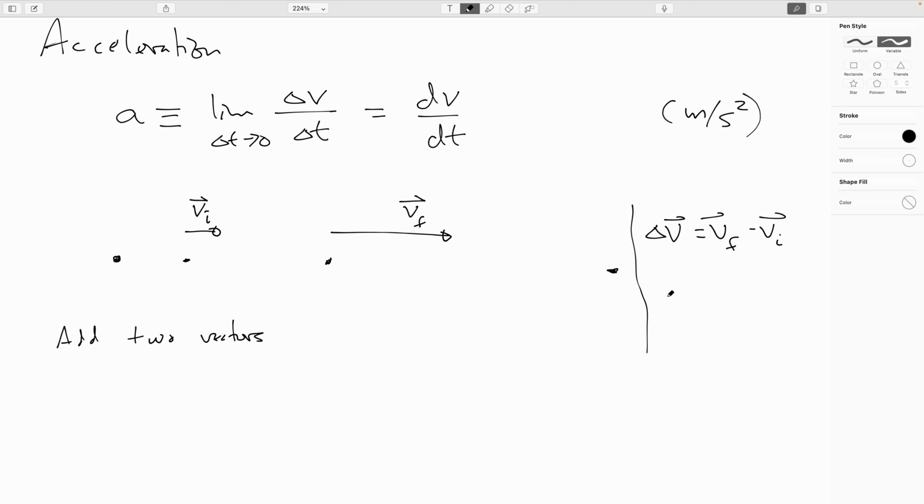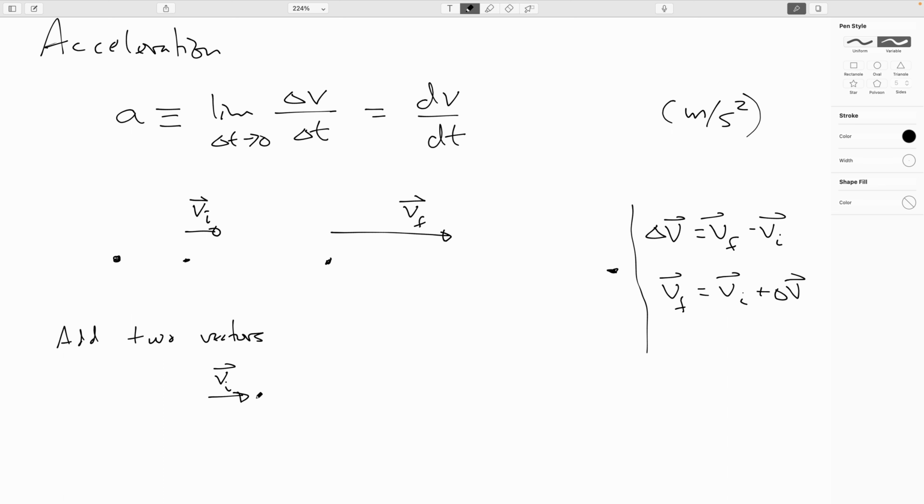I can rewrite this to say the final velocity is the initial velocity plus the change in velocity. So how do I add two vectors? It's just literally you stick one on top of the other.